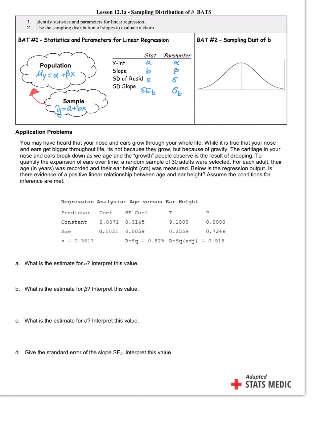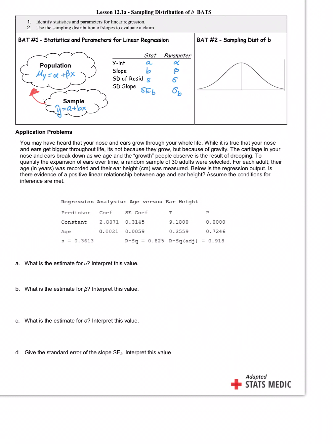For each adult, their age in years was recorded, and their ear height in centimeters was measured. Below is the regression output. Is there evidence of a positive linear relationship between age and ear height? Assume the conditions have been met. We'll deal with conditions in the next one, so don't worry about that.